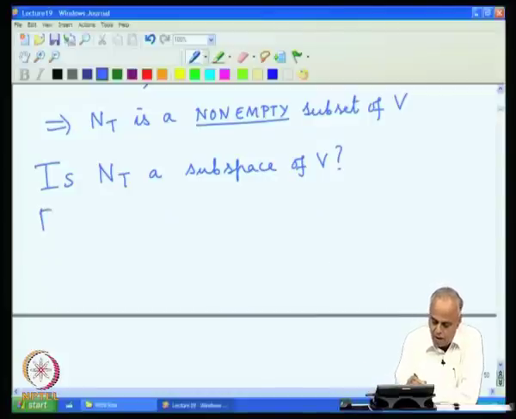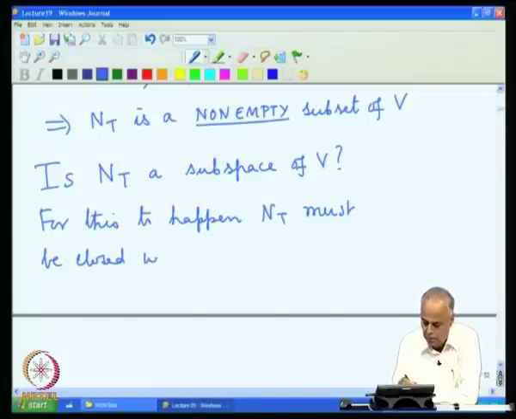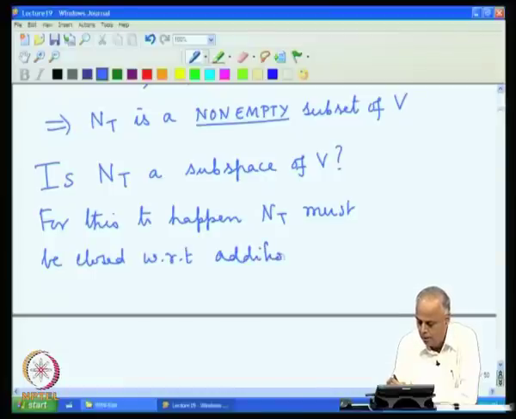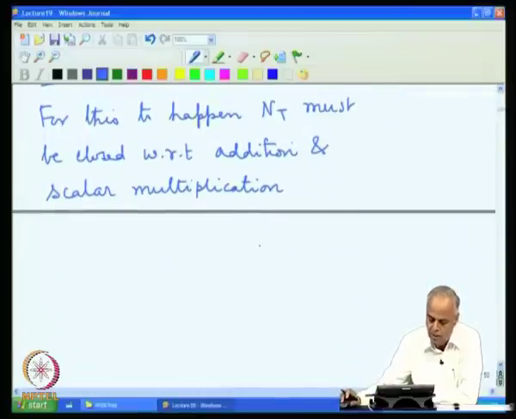So, for this to happen, NT must be closed with respect to addition and scalar multiplication. That is the major requirement for any subset to qualify as a subspace.